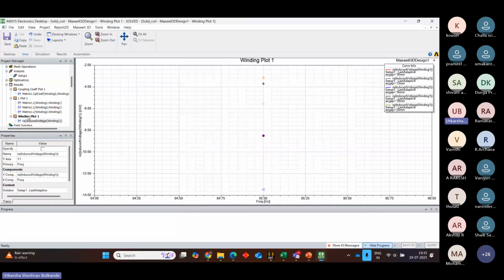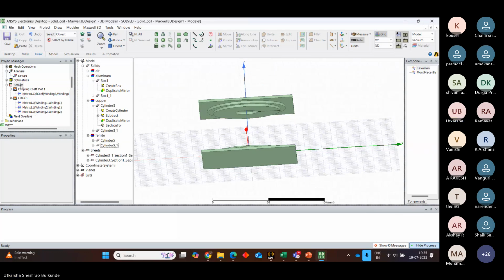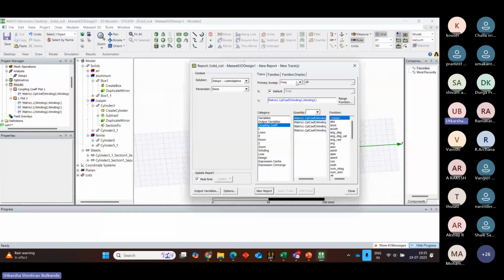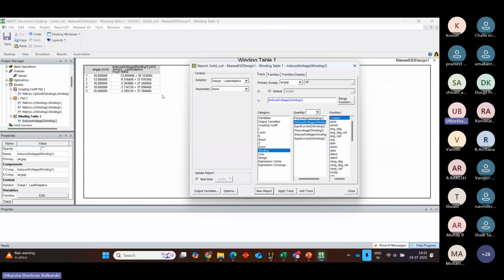We will see it with respect to air gap. Induced voltage, flux linkage, all this you can see. If you just want to see the magnitude, you can check the magnitude option from here.